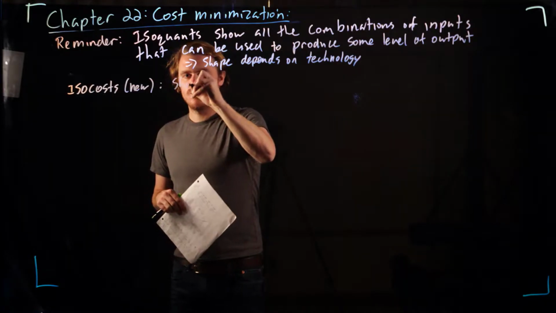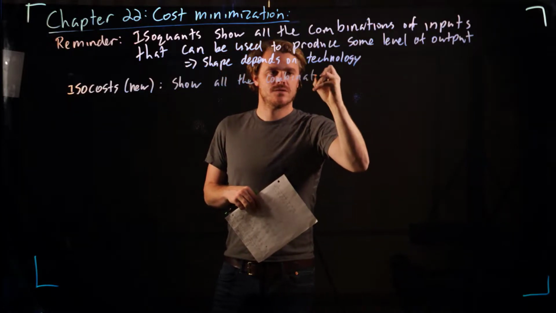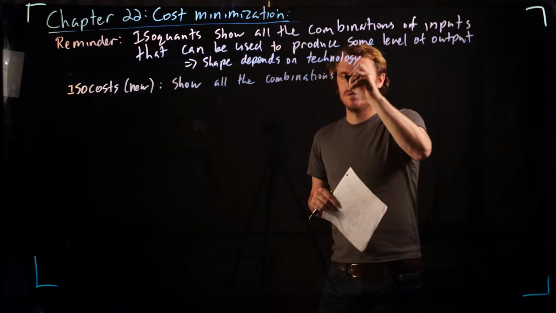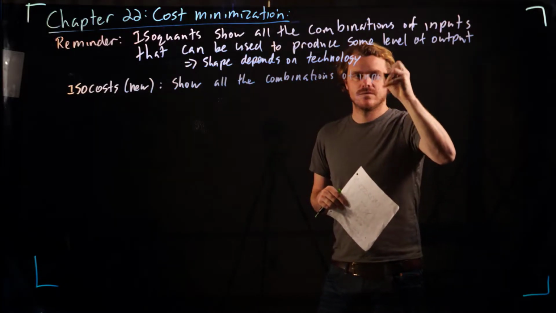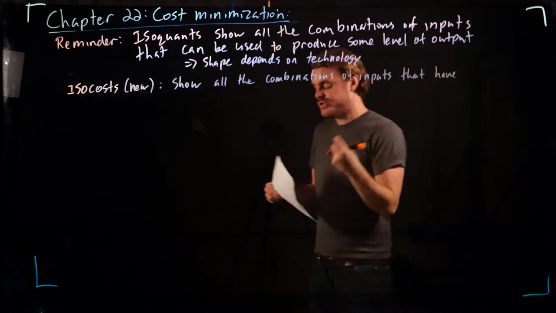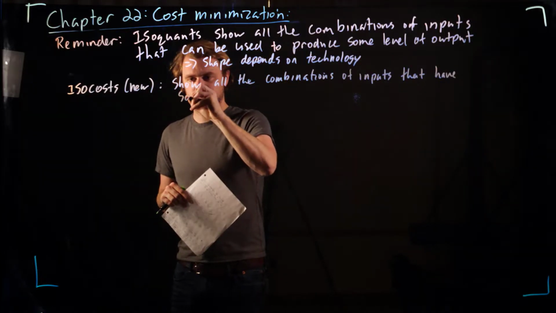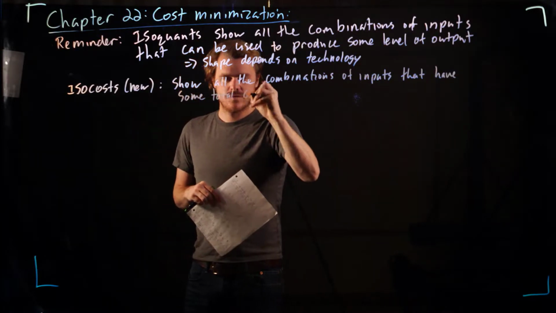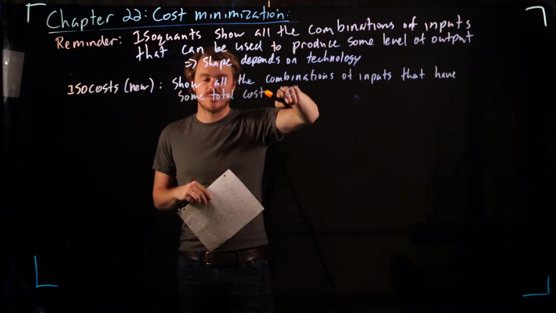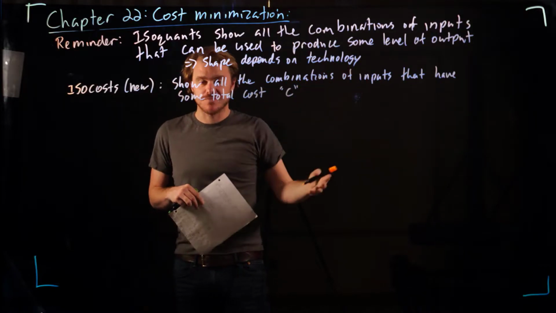They show all the combinations of inputs that have some total cost C. Different isocost lines represent different total costs of production.